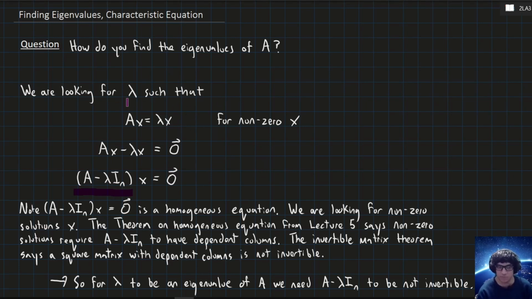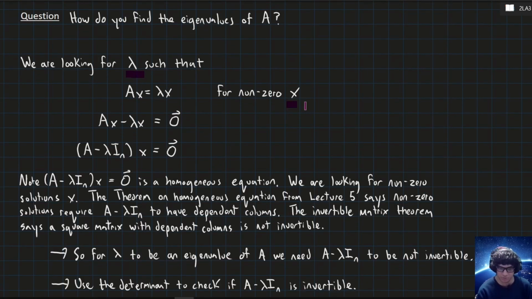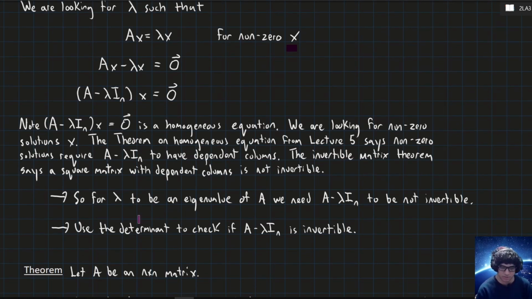That will confirm that lambda is an eigenvalue and x's will be the eigenvectors. So we want to check for what lambdas this matrix is not invertible. For those lambdas, those will be the eigenvalues. And the check to see if this is invertible or not, we're going to use the determinant.